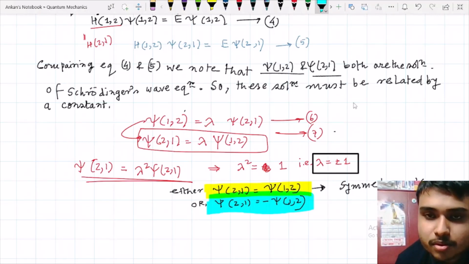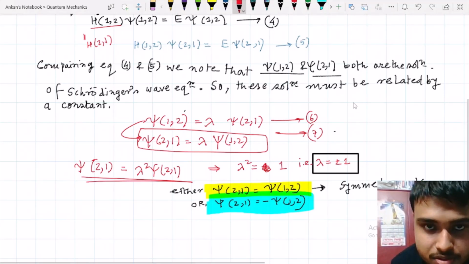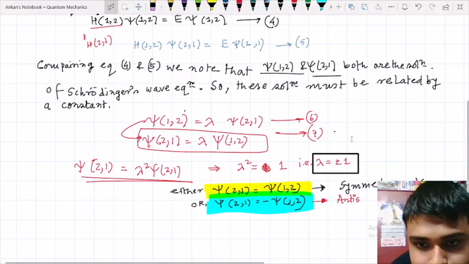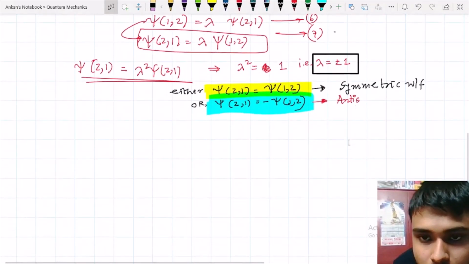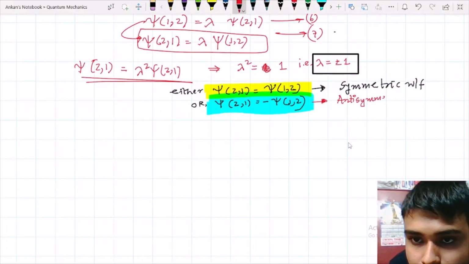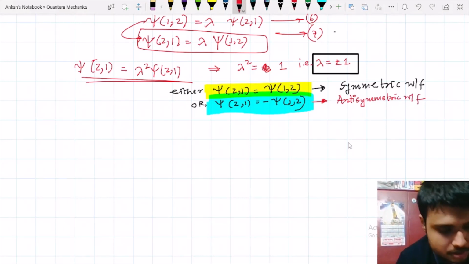This is known as the antisymmetric wave function.